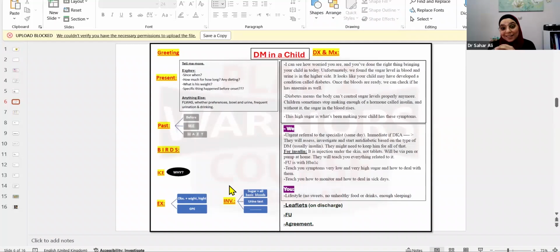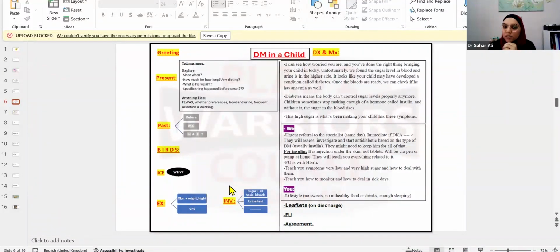Be aware in this case that it's not easy to tell any mother that her child has diabetes. So don't deal with the case as if it's something normal to tell to a mother. It's not easy for any mother to know that her child, a part of her heart, has diabetes.